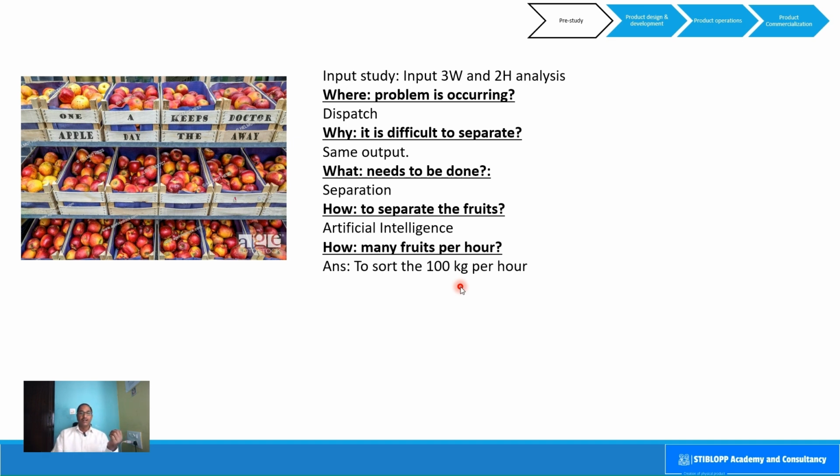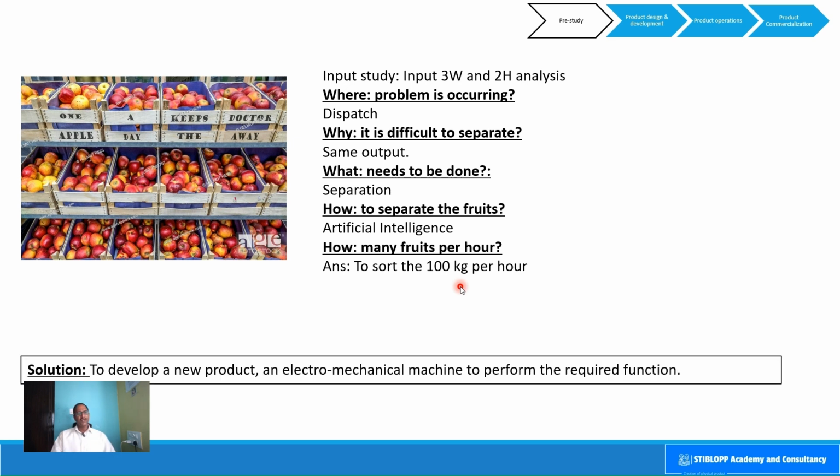Okay. So the solution that was figured out for this particular problem is to develop a new product, that is an electromechanical machine which could follow the signals given by the QTM, and based on the signals, it is supposed to trigger a mechanism to separate the okay fruits and collect them in one bin, and to separate not okay fruits and collect them in a separate bin.